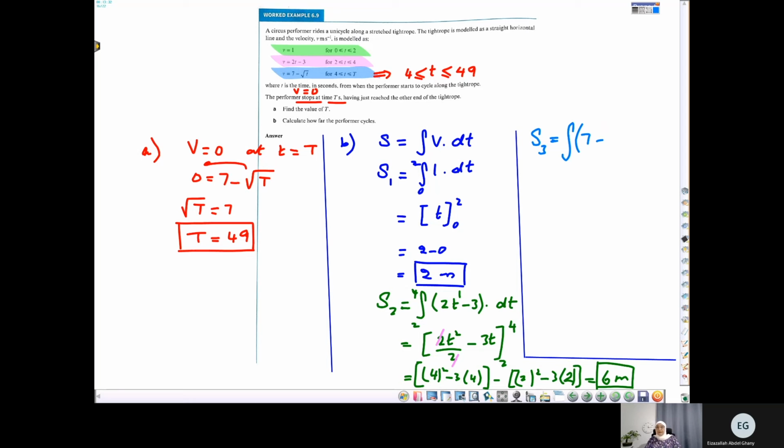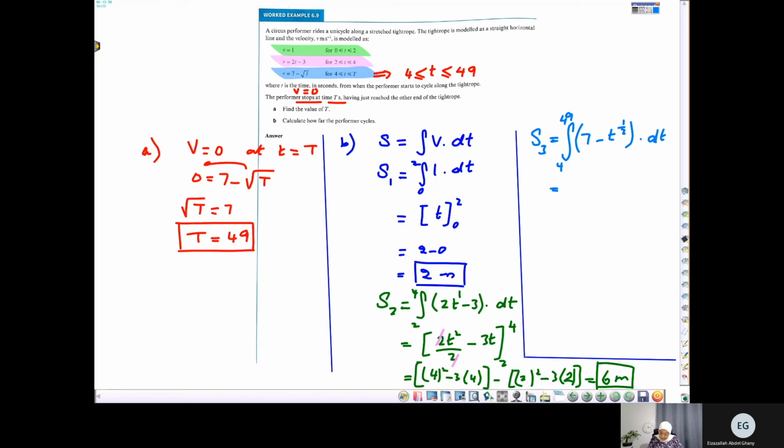We don't deal with denominators, we don't deal with roots. Remember, we don't deal with denominators, we don't deal with roots. In integration, any denominator, you raise it up. Any square root, you put it in index form, as a fractional power. So 7 minus t to the power of half dt, the limits will be from 4 up till 49.